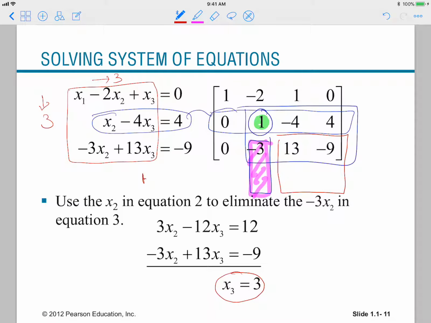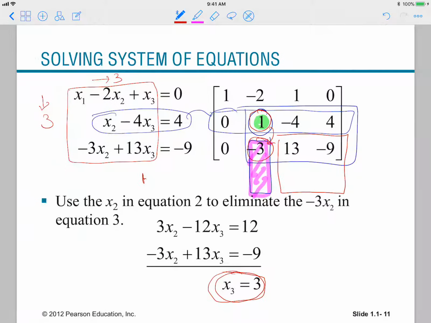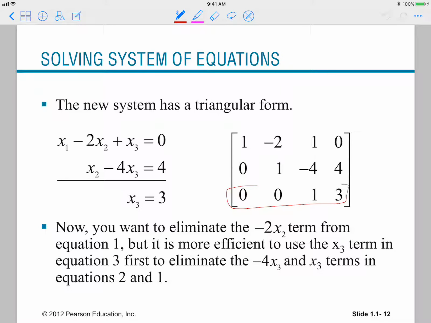By using this as an eraser, we removed this part, and the remaining equation will be this, and that will be our new third equation, right? And thus this third equation is a simple one, which directly gives us the value of x3.